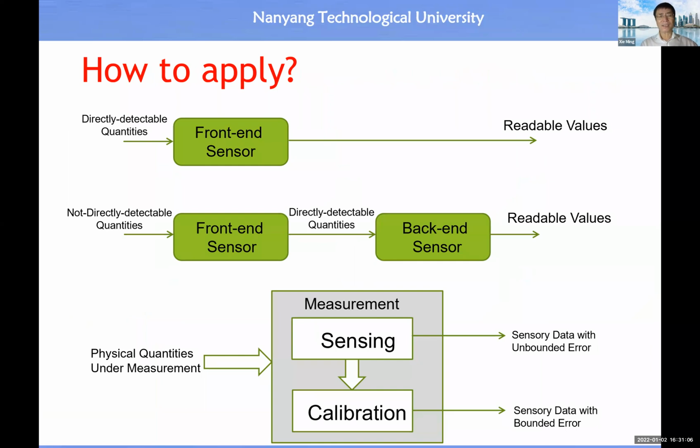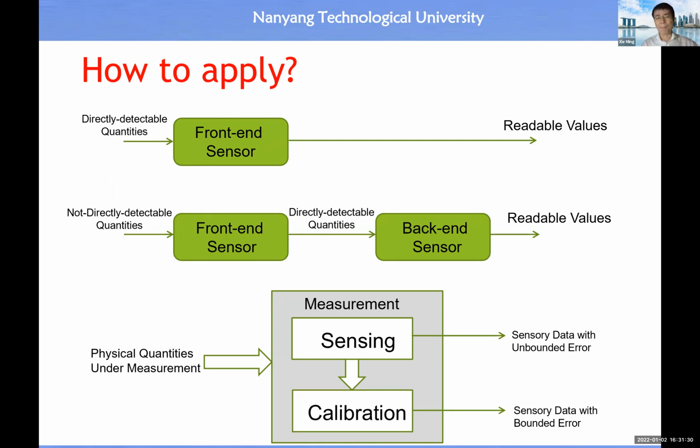Then the fourth common question that you may have in mind is about how to apply knowledge learned from this course. This slide shows you the general guideline for the design of a sensor or sensing system. The design of a sensor and the sensing system involves 2 steps.